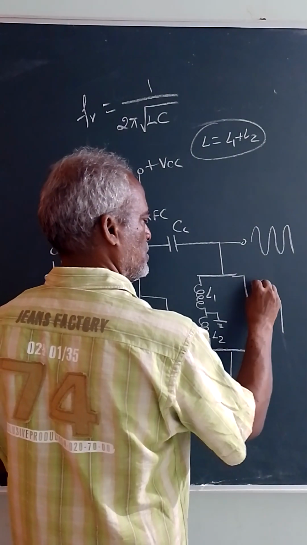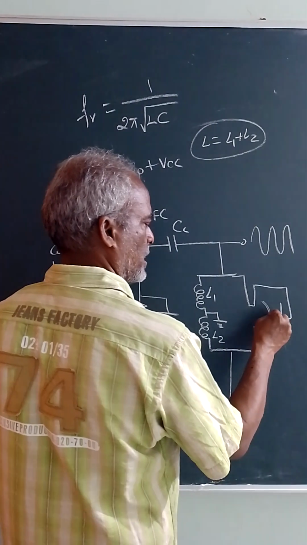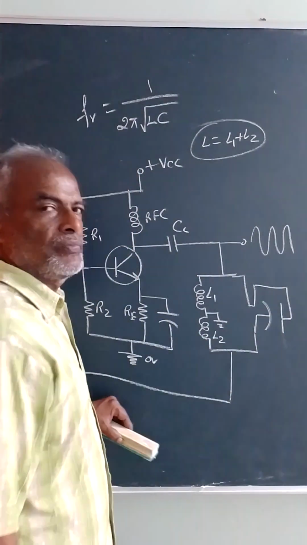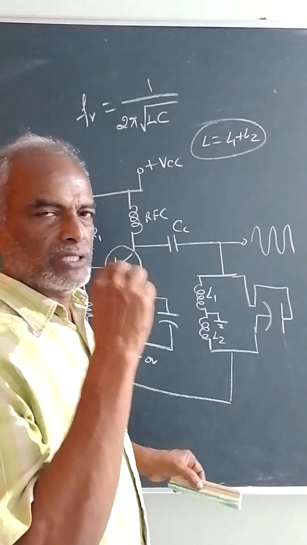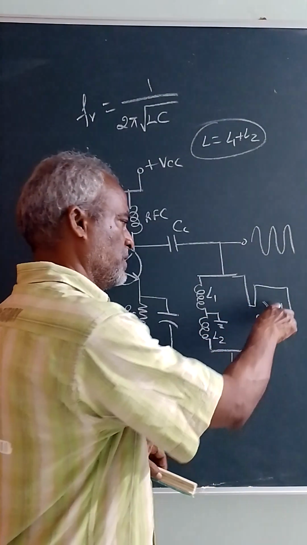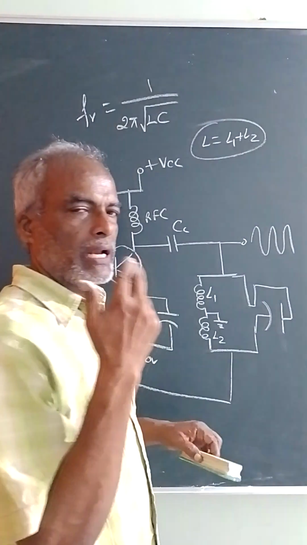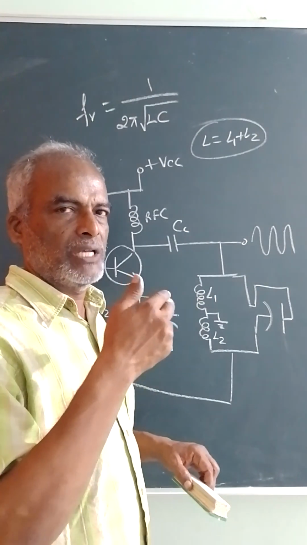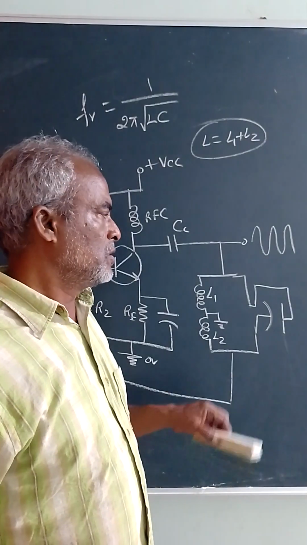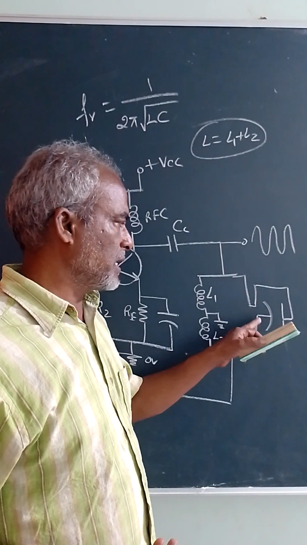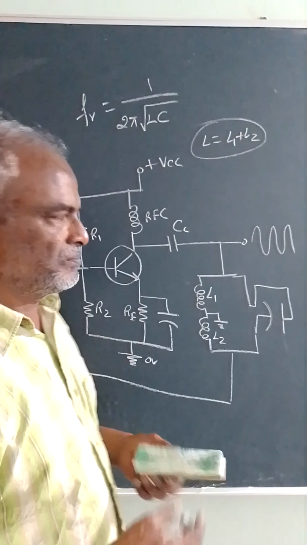So the higher end positive plate is connected here and the negative plate is connected here. So what will happen when you try to speak, when the sound waves come? This is the fixed plate. This other plate will start moving based on the intensity and the frequency of the audio signal. So therefore the capacitance is changed.